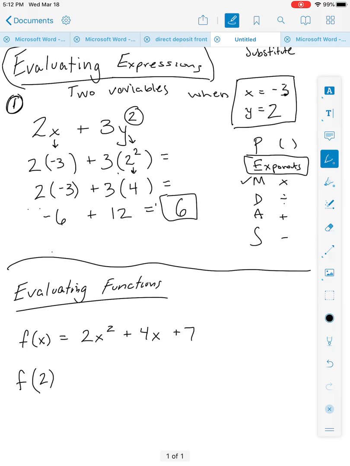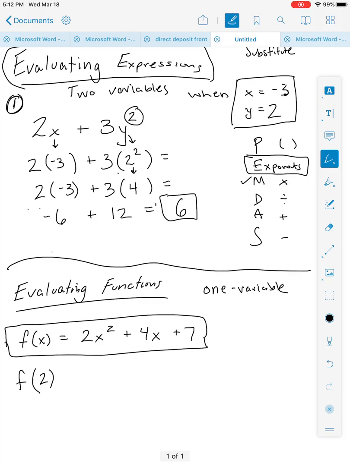Now, when we evaluate functions, we're really only evaluating functions in one variable at this point in the school year. Now, the function that we're starting with is f of x, and it's just a basic equation. And it's saying that we want to evaluate this function for f of 2.